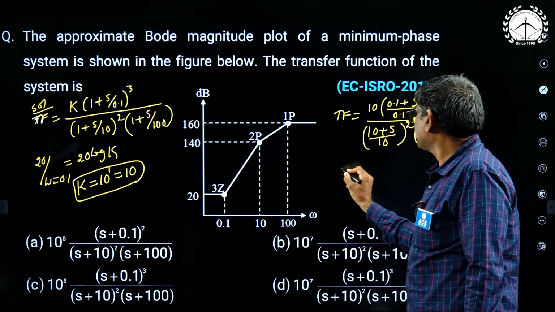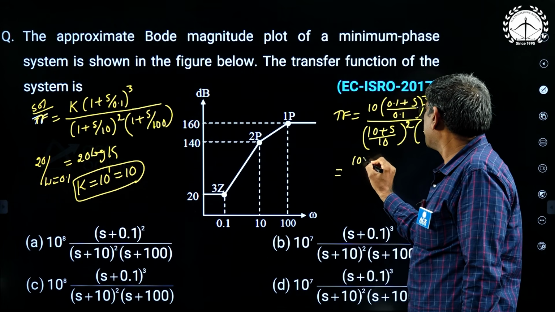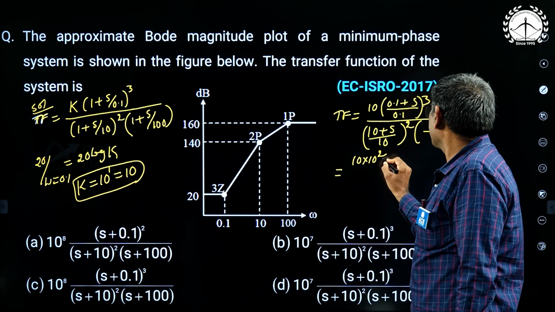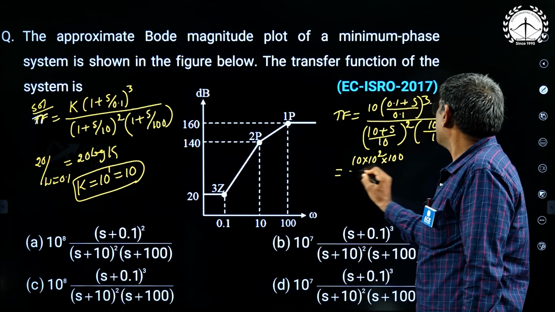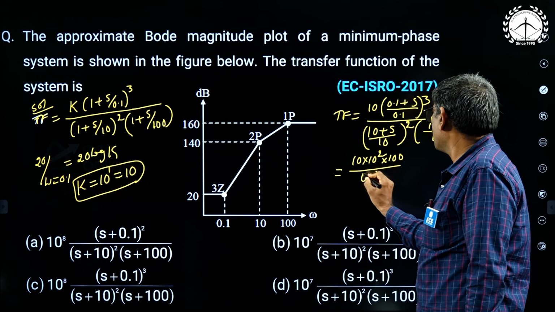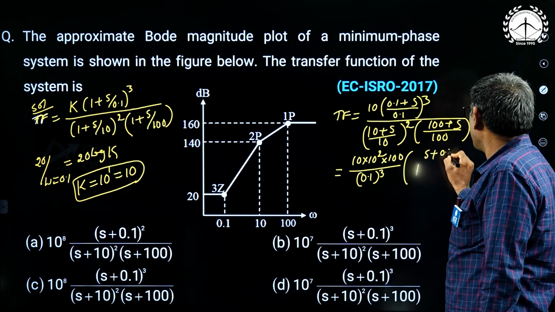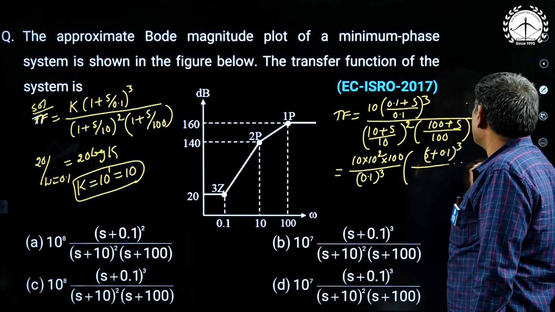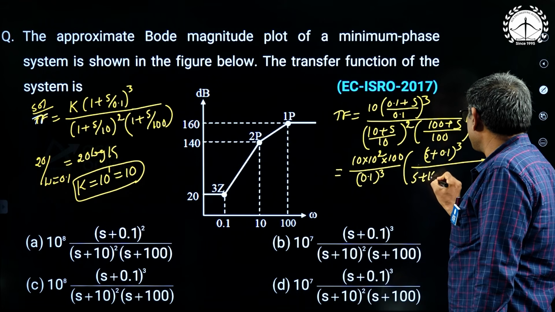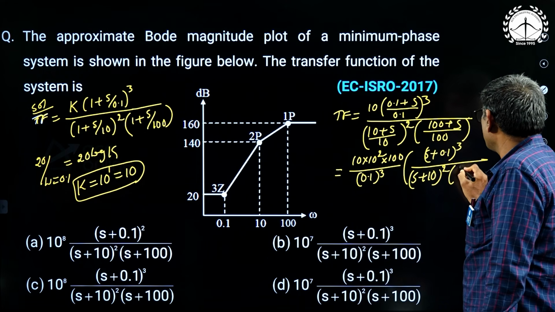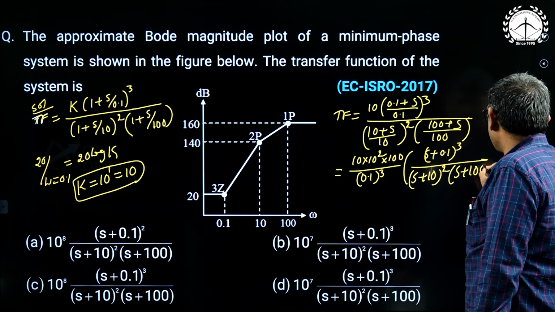Now you solve this. What will I get here? 10 into 10 square into 100, divided by 0.1 whole cube, into s plus 0.1 whole cube, divided by s plus 10 whole square into s plus 100.